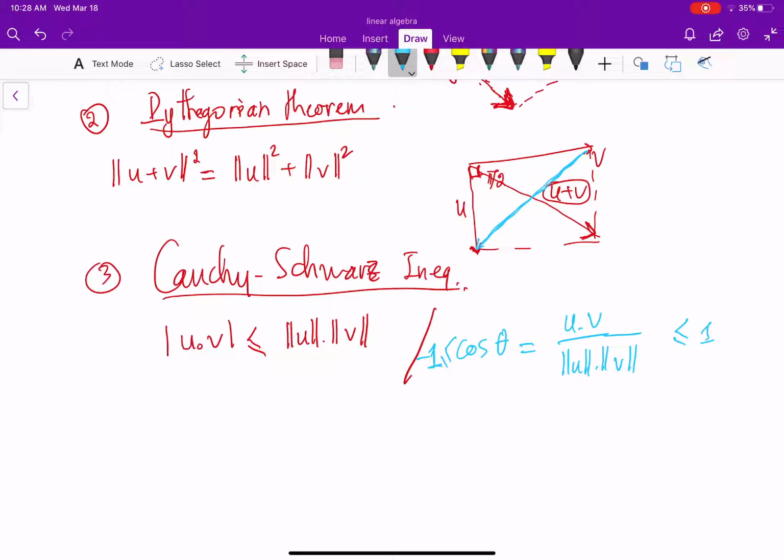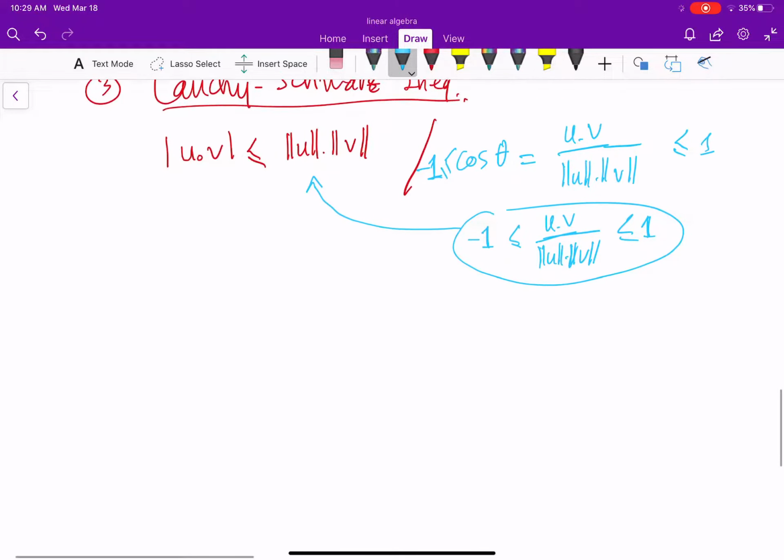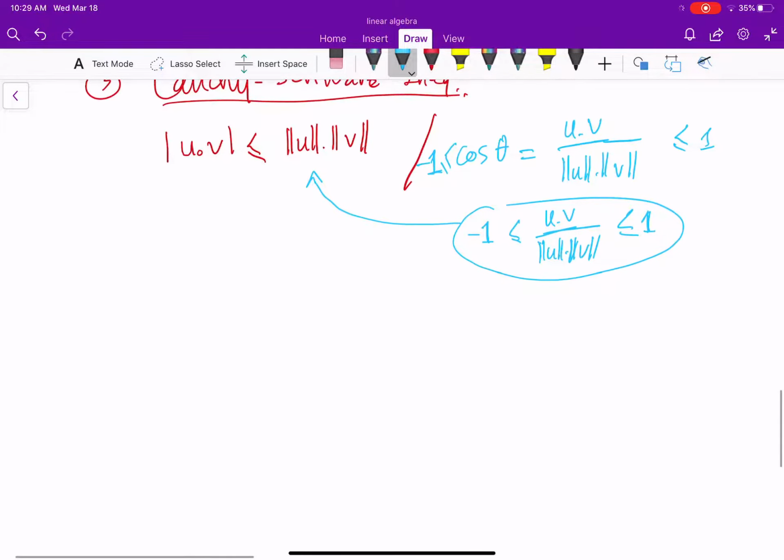So if you apply absolute value to both sides, you get |u·v| over the norms is less than or equal to 1, and from this you get the inequality. It looks very simple, but I tell you, this is a very nice and important inequality.